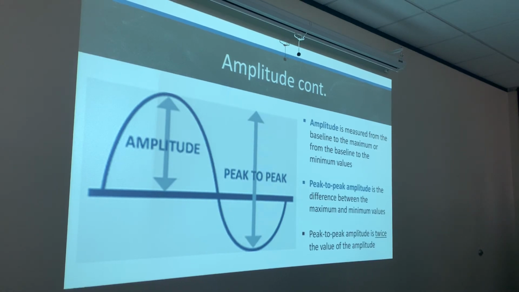There's a difference between our amplitude and our peak-to-peak amplitude, and the peak-to-peak amplitude is the difference between the maximum and minimum values. So it's safe to say that our peak-to-peak amplitude is always double the amplitude, or twice the value of the amplitude. Remember, this is adjustable when we change our acoustic power.